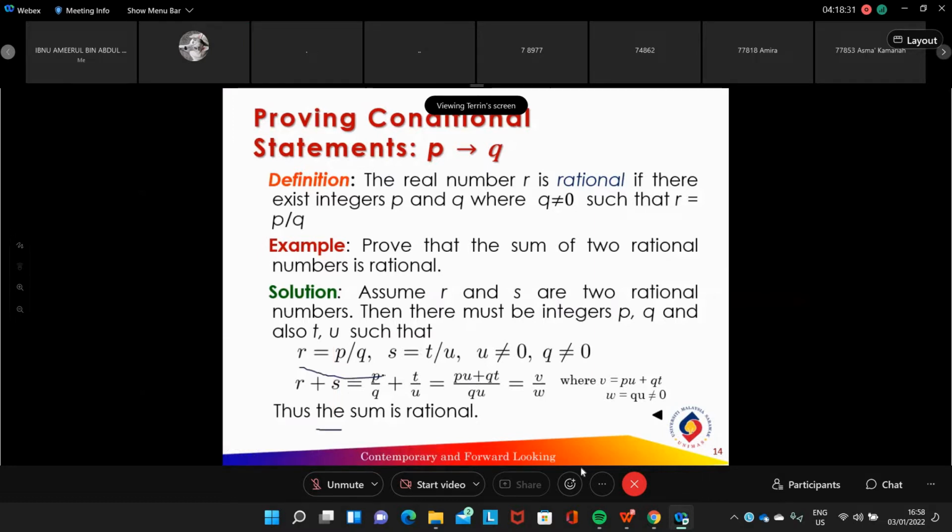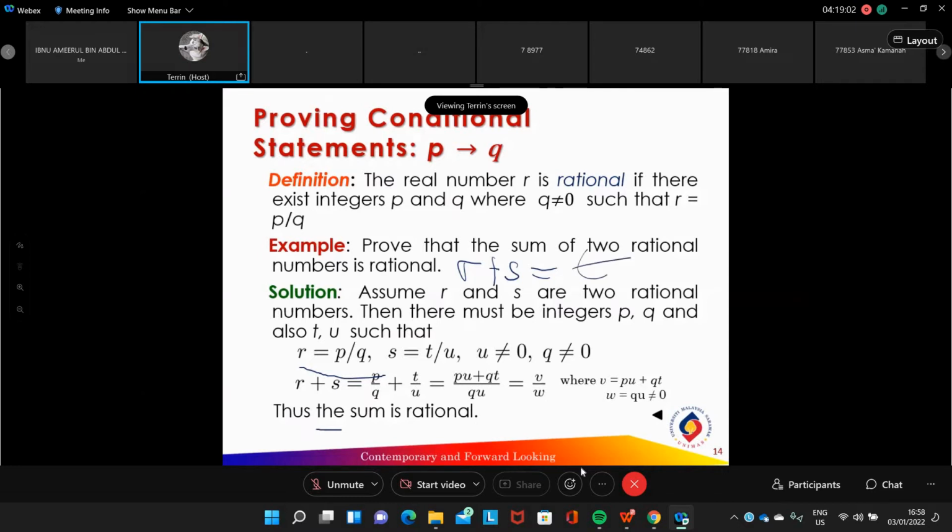So you have r equals p over q, and then the question is the sum of two rational numbers. So let's say we have one rational number r, and then we have another rational number s, and r plus s equals a rational number. So t has to also be a rational number.